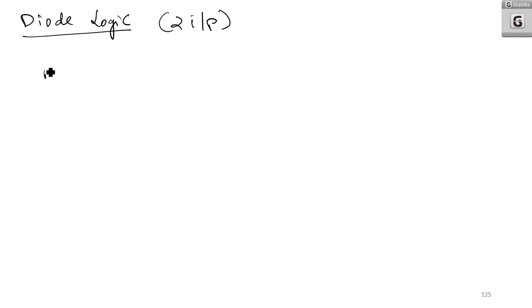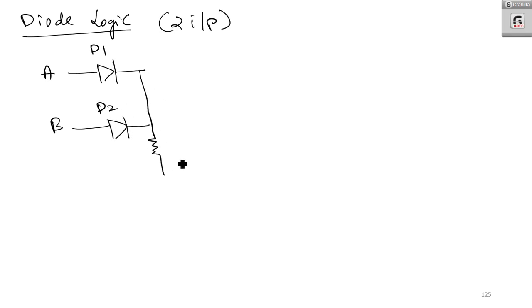So here I am having A. A is connected to a diode. Diode is D1. B is connected to D2. And here we are having a resistor R is grounded. Okay. Here we are having the output X. This is also grounded. So we will get V0.